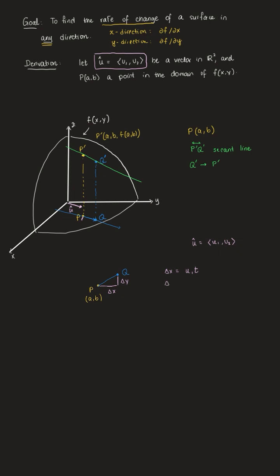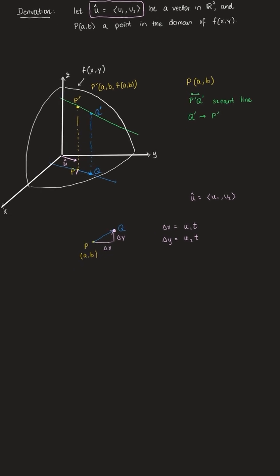And my change in y here is going to be u sub 2 times t, and that's going to move me to point Q from P along the vector u.